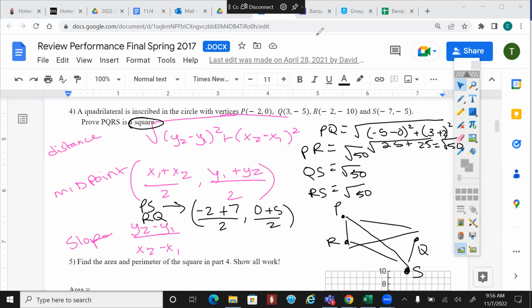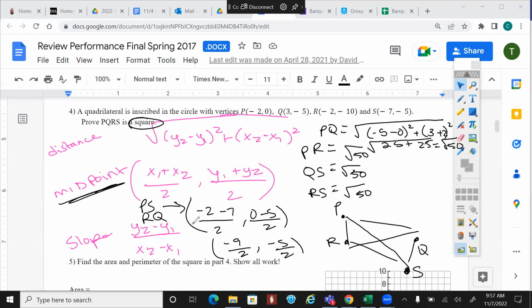Oh, nope, it's pluses. I'm so sorry. -2 plus -7 divided by 2. And then 0 plus -5 divided by 2. So that should have given me -9 divided by 2 and -5 divided by 2 for midpoint.